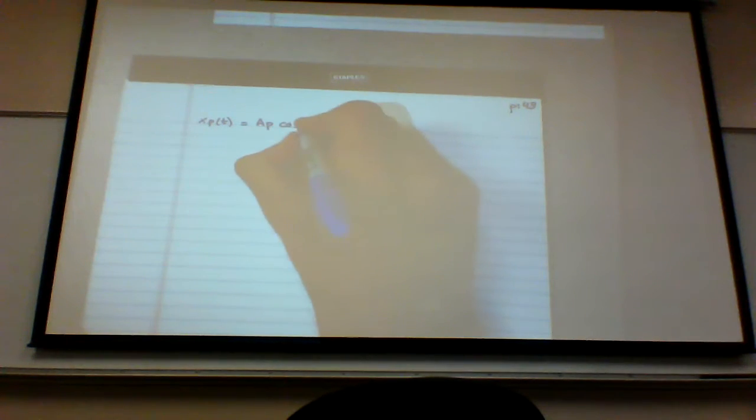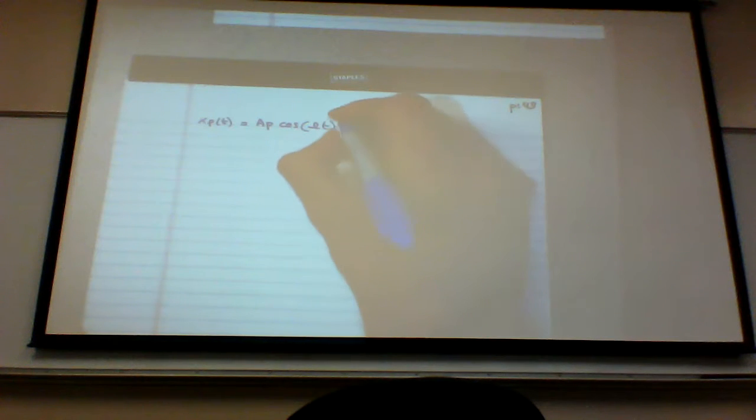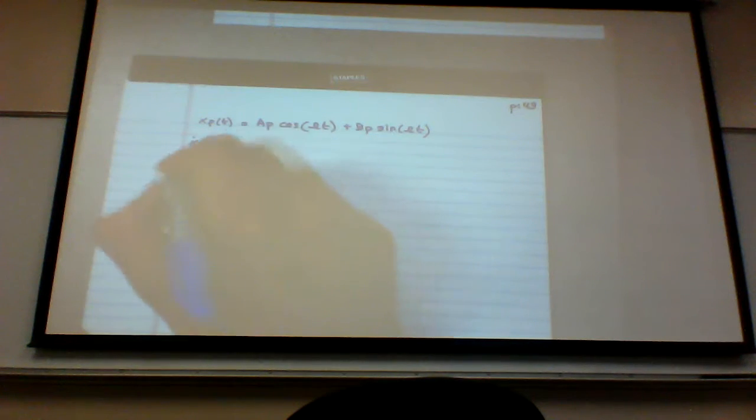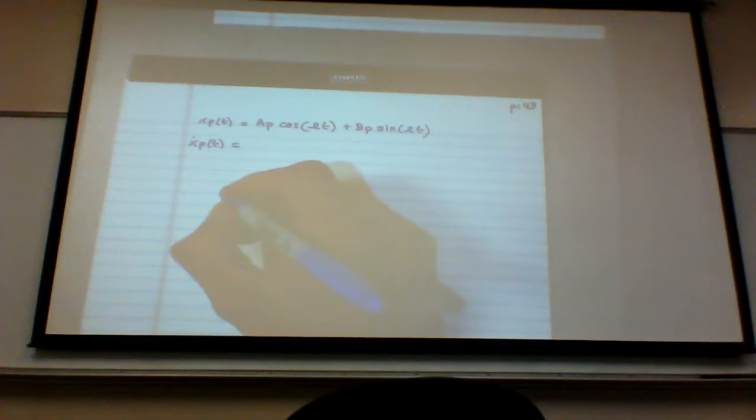Okay, page 43. What do we have over here? We take x p of t equal to A p cosine capital omega t plus B p sine omega t. I'm just writing the same equation to have everything on the same page. So what will be x dot of p?